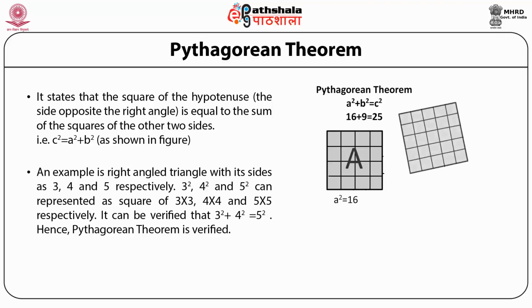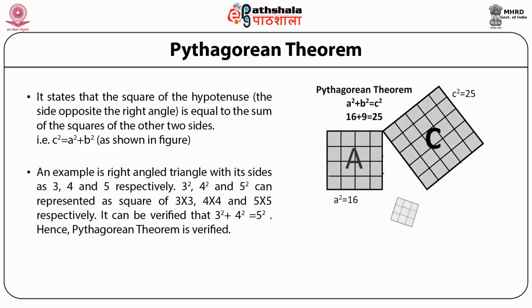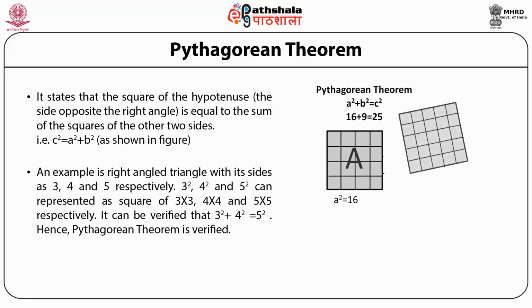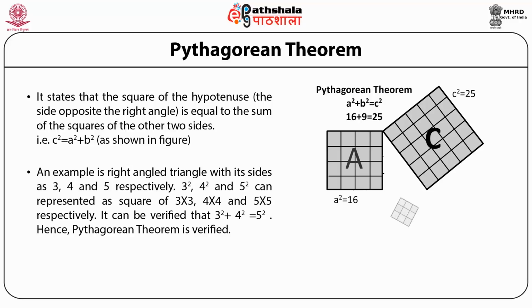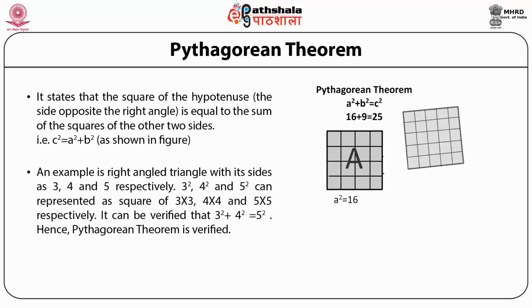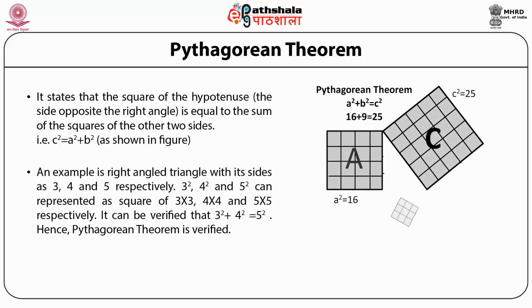So the right side of the page shows 3 squares A, B and C, and in the center is a right angle triangle. The squares A and B have been formed by having one of the sides of the triangle as a side of the square. So A squared will be the area of the square formed using one of the sides of the triangle.